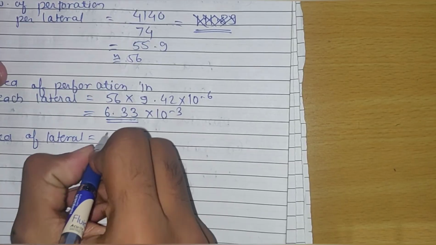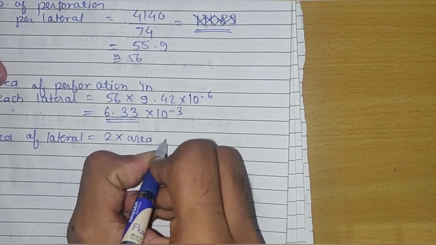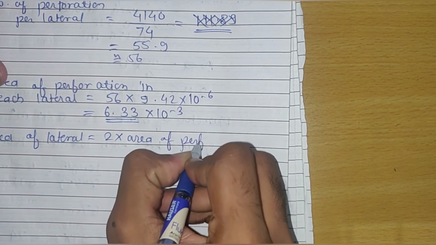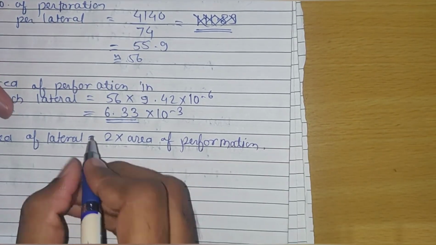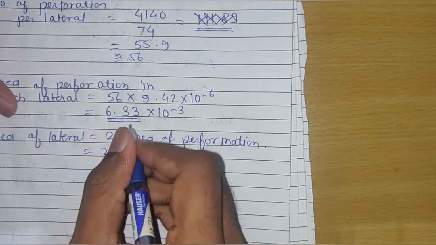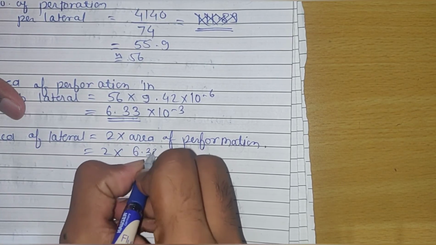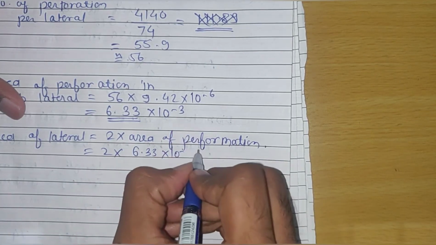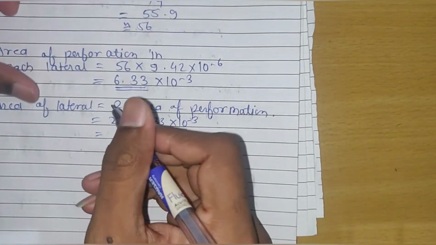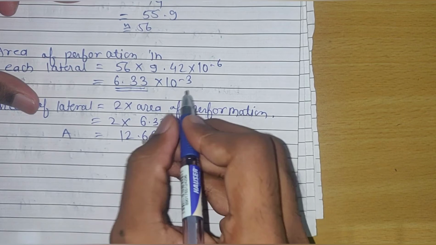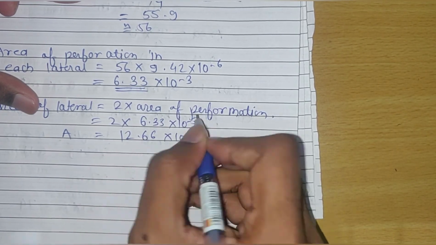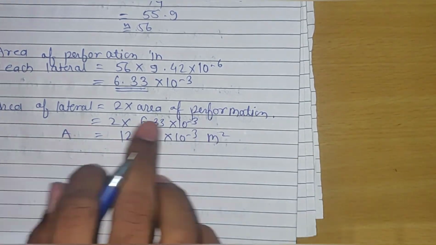So area of lateral is 2 into 6.33 into 10 raised to minus 3, which will be equal to 12.66 into 10 raised to minus 3 meter square. This is the area of lateral.